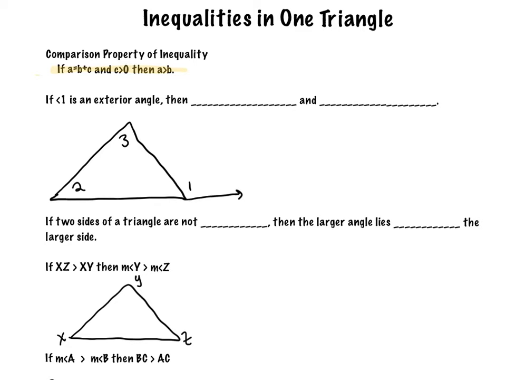So I can use that comparison property of inequalities to say that if I have an exterior angle, the measure of angle 1 is going to be greater than or less than angle 2? Greater than, because 2 and 3 added together give me 1. So the measure of angle 1 is greater than both 2 and 3.